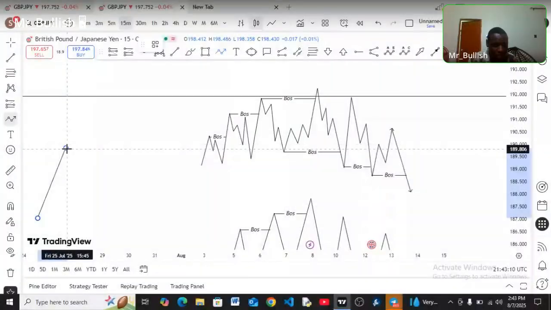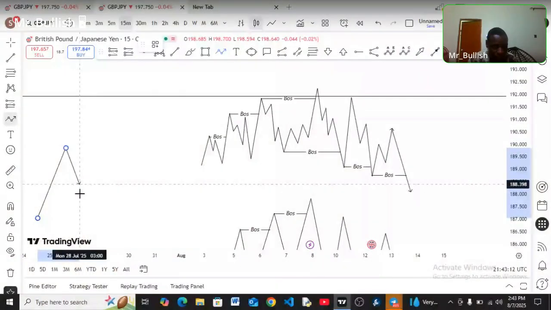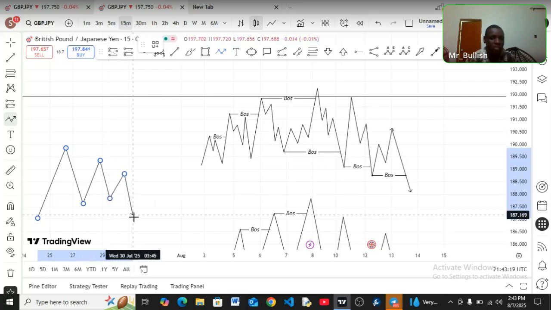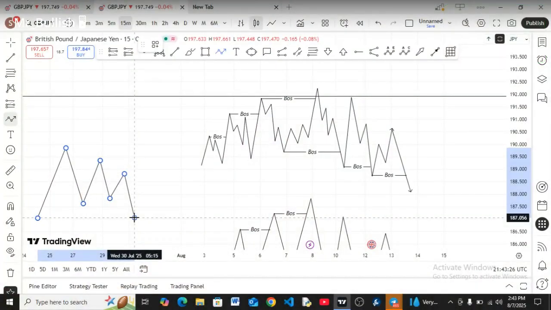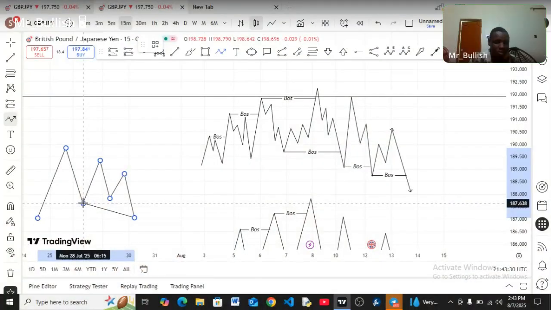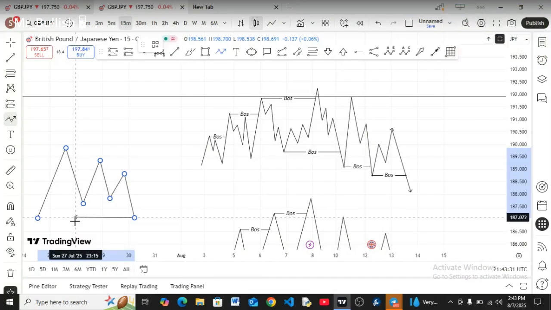So if the market comes up here and does this thing you are seeing here, some people will say the market has changed direction, because the market is below this one here. You understand? They'll tell you it's below this guy, so this is a break of structure, a change of character.